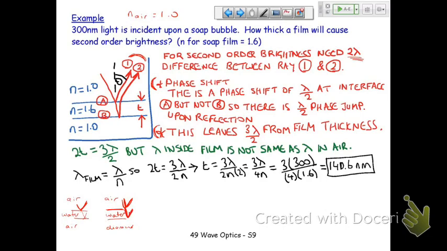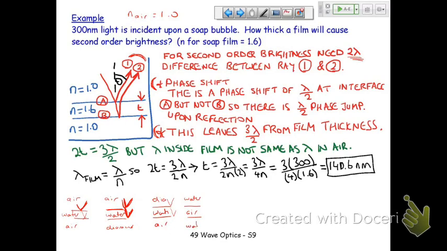Let's reverse things. Let's do diamond, water, air. Is there one at the top? No, because I'm going through diamond and I'm reflecting off water, which is lower N. Is there one at the bottom? I'm going through water and reflecting off air. No. Last one. Water, air, water.